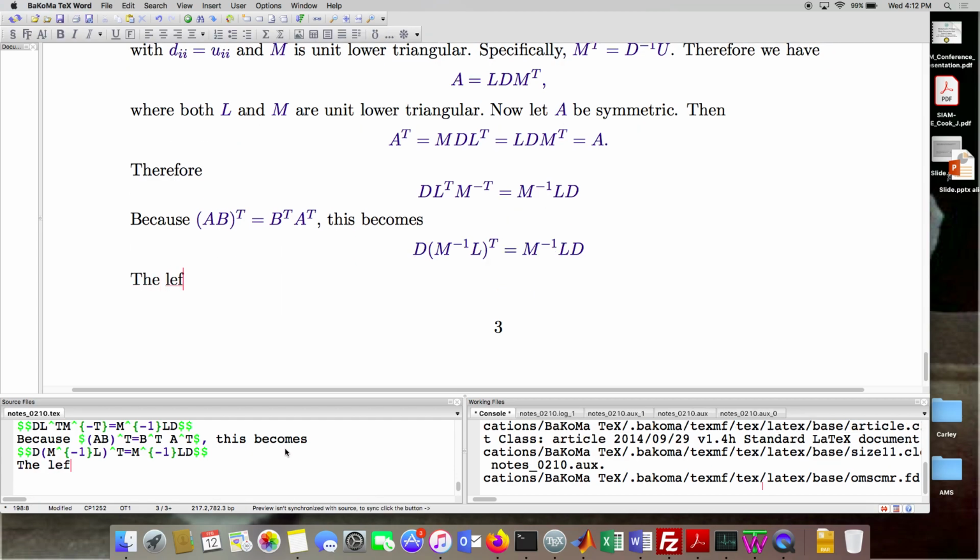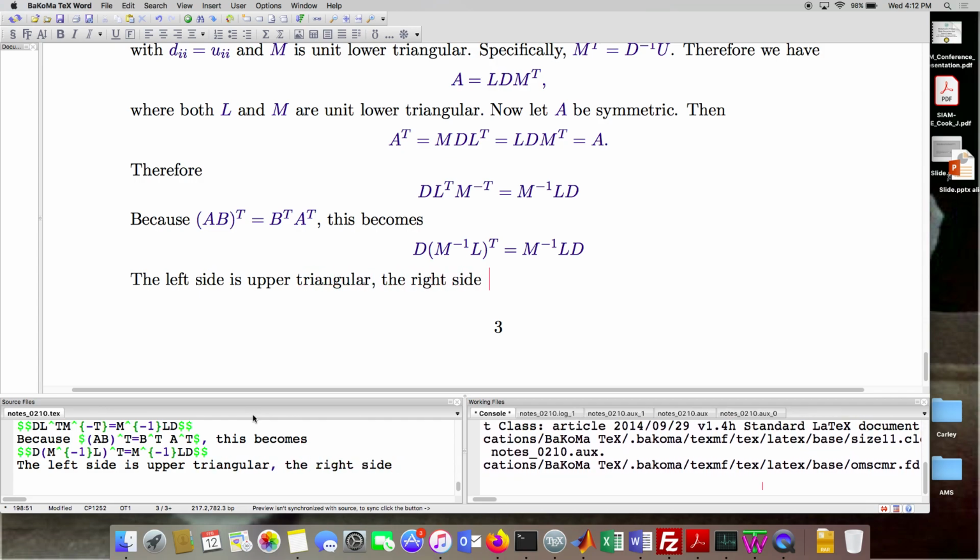Now, the left side is upper triangular. The right side is lower triangular, because M and L are both unit lower triangular, and multiplying or inverting keeps unit lower triangularity.